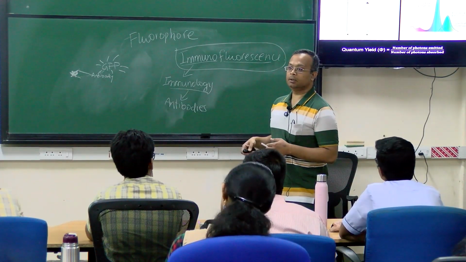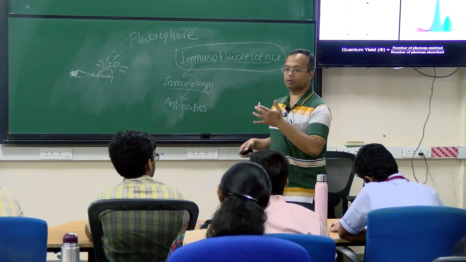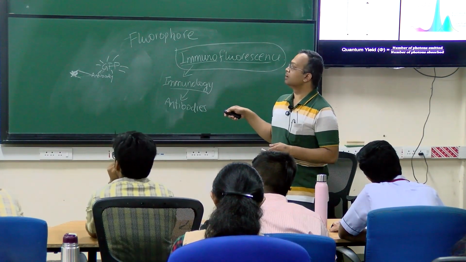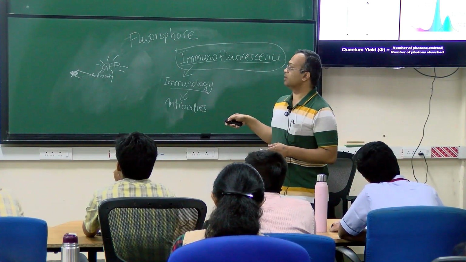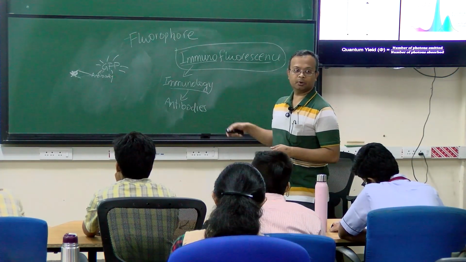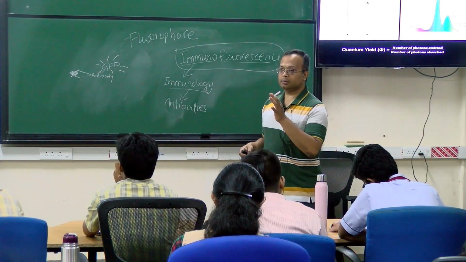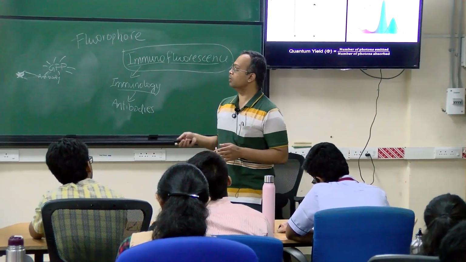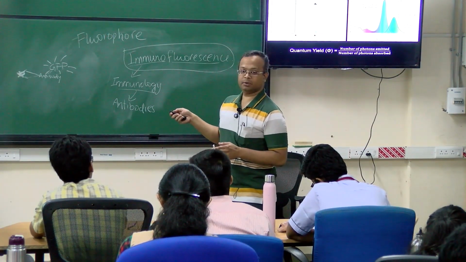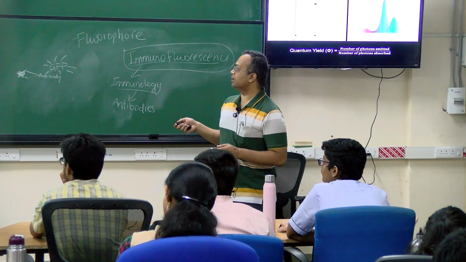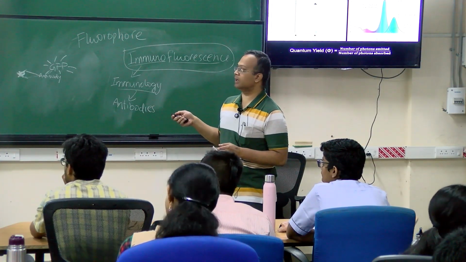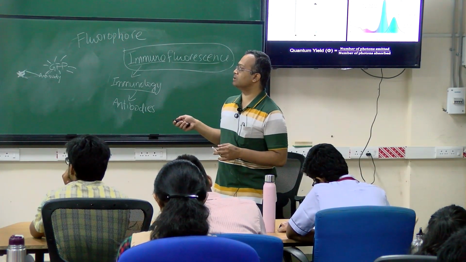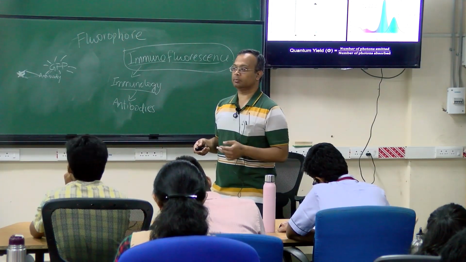You know that blue light has a little more energy than green light, right? If I shine green light, it will come out as orange light. If I shine orange light, it will come out as red light. A little bit of energy loss happens, and because of that the wavelength of the light shifts slightly. That is called the Stokes shift. So I shine light of a particular wavelength, the Stokes shift happens because of some energy loss, and then within a few nanoseconds you will have the fluorescence coming out of that molecule.